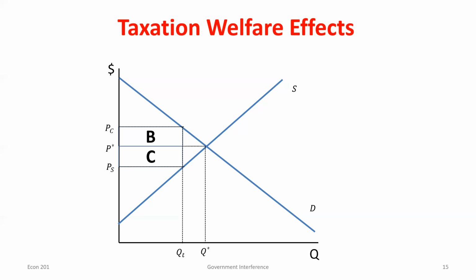That difference should always just be what? Whatever the consumer pays, the seller gets to take that amount, but they already paid the tax, so the amount that they keep is that much minus the tax, right? Or you can think about it here. If I rearrange this a little bit, the price that consumers pay is the price the sellers keep plus the tax.